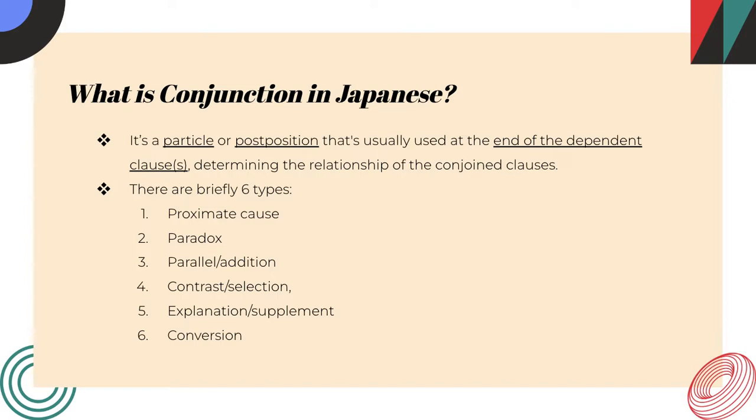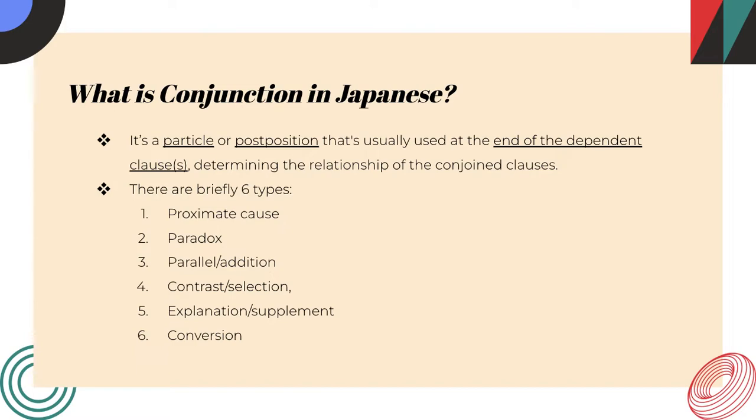And in Japanese, there are briefly 6 types of conjunctions. First is proximate cause. Second is paradox. Third is parallel or addition. Fourth is contrast or selection.